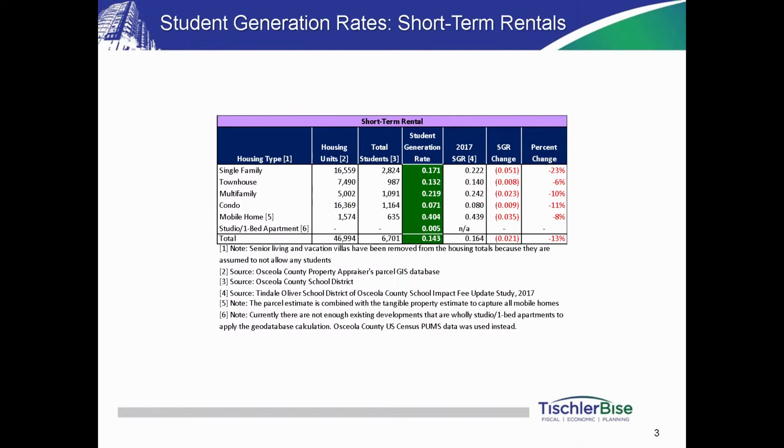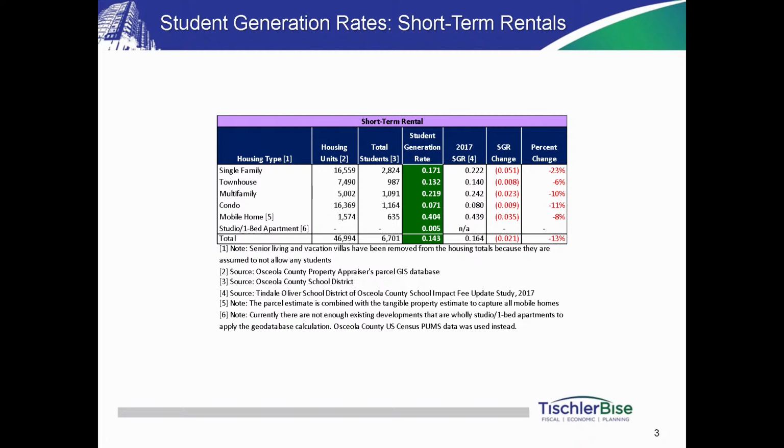We also looked at student generation rates for the short-term rental units. As you are aware, the county is very unusual relative to most counties in the country, given the tourism-related or seasonal nature of your population. And so there is an impact on schools from short-term rentals.